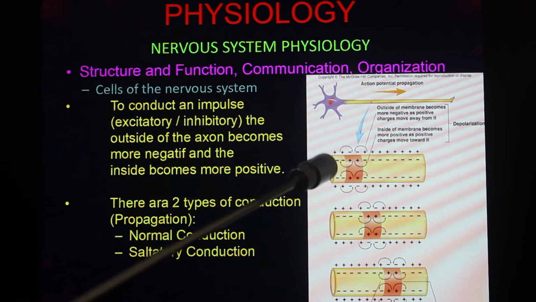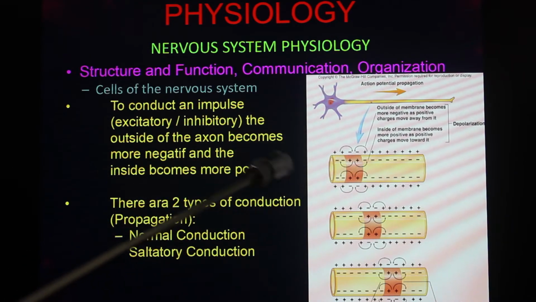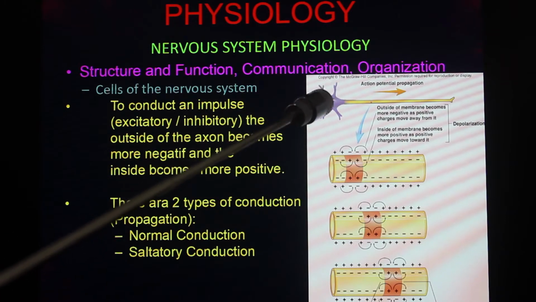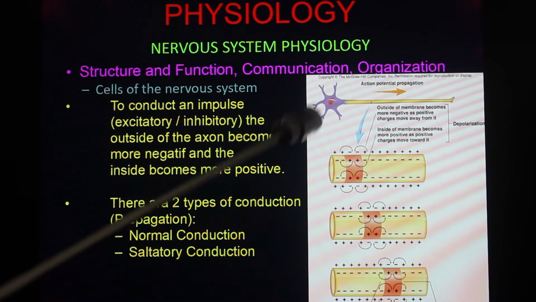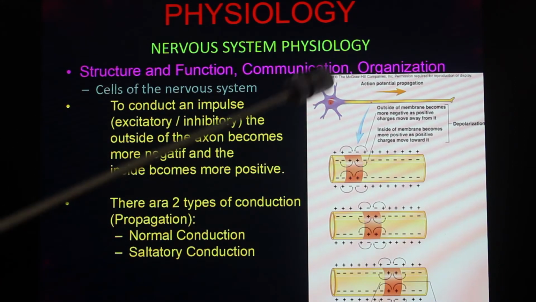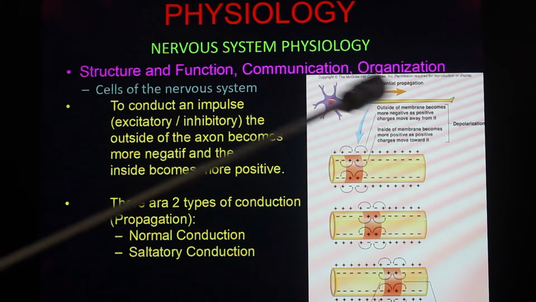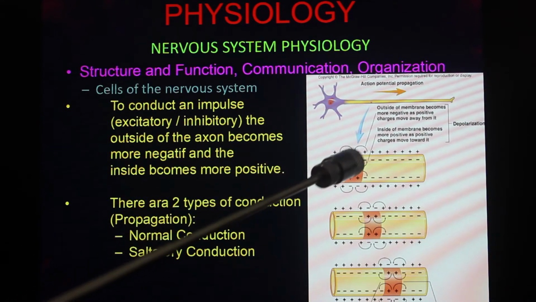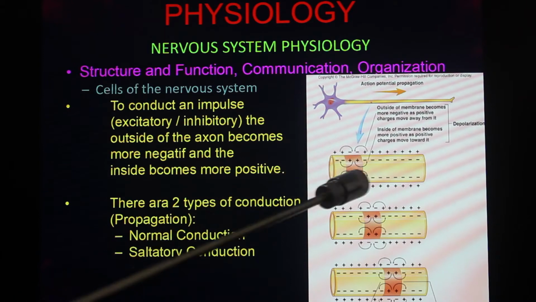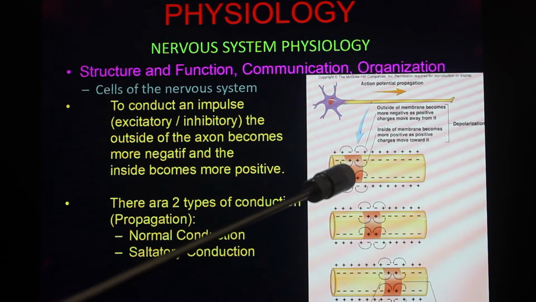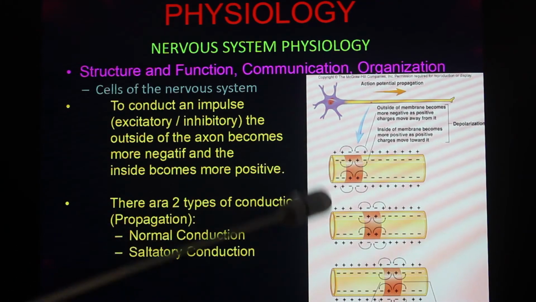But as an impulse starts to stimulate the nerve cell and an electrical impulse is started by the nerve cell, in order to transmit the signal via the axon, the outside of the axon becomes more negative and the inside becomes more positive.